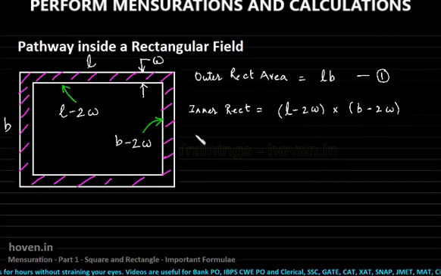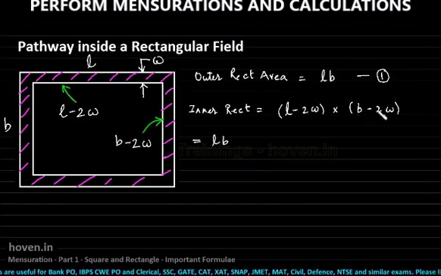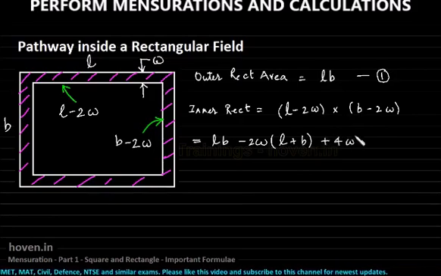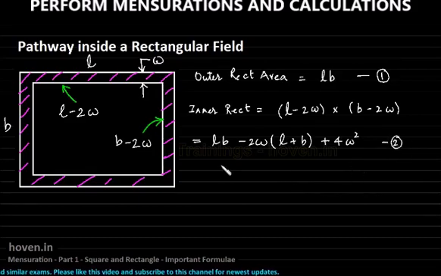We can now open these brackets, and what we will get is LB, and minus 2WB and minus 2WL will give me minus 2W into L plus B, and this will be minus 2W into minus 2W, which will be plus 4W square. This we can mark as item 2.